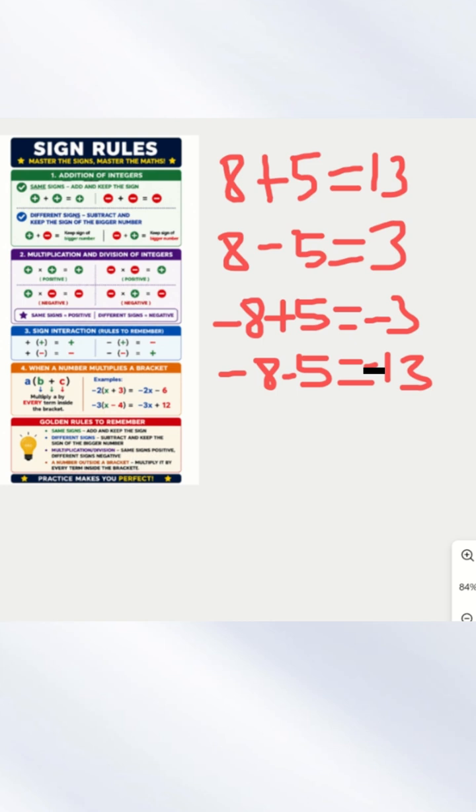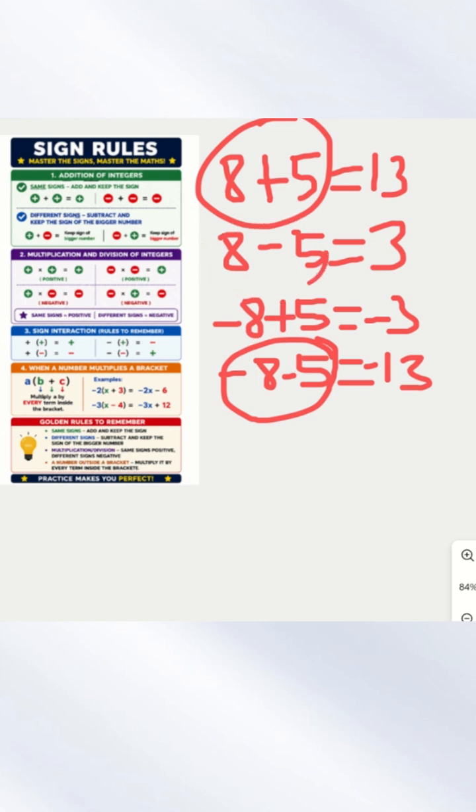Once the sign is the same, you simply add and keep the answer negative if it is a negative sign. If it is a positive sign, you keep the answer positive. But if they are two contrasting signs, plus and minus, you subtract and the answer will have the sign of the bigger number. That is what you did here. We subtracted and our answer is positive. If I don't write plus, it means that number is positive.